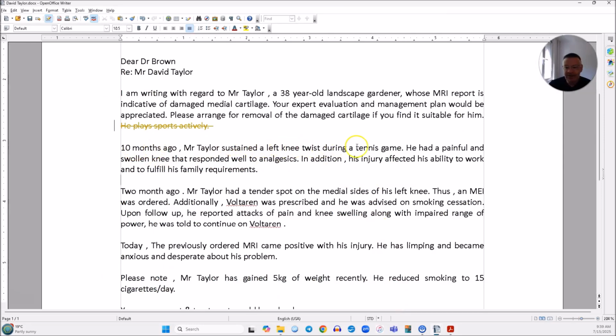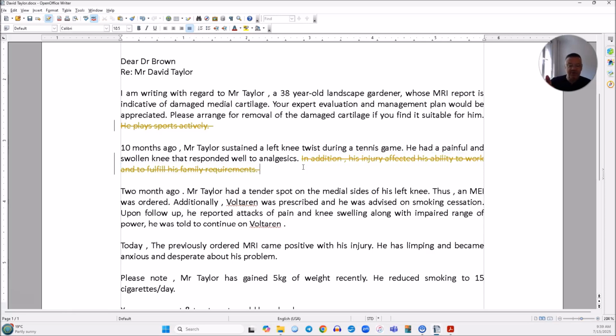So, sustained left knee twist, swollen knee. In addition, his injury affected his ability to work. Well, that's kind of sad for Mr. Taylor, but that's not my concern. I'm the orthopedic surgeon. I'm sorry to hear that, Mr. Taylor, but that's not my business, so we don't need that either.